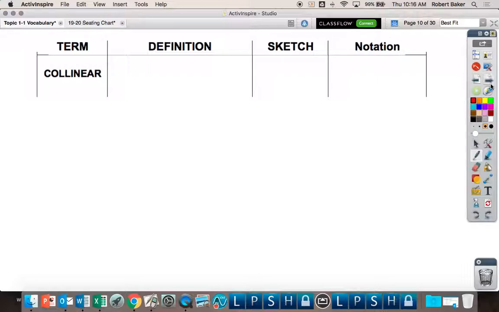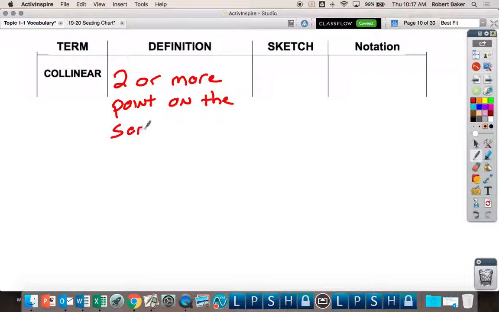Collinear, or is it collinear? It's collinear. Collinear. So collinear is a really, really easy definition. Two or more points on the same line.